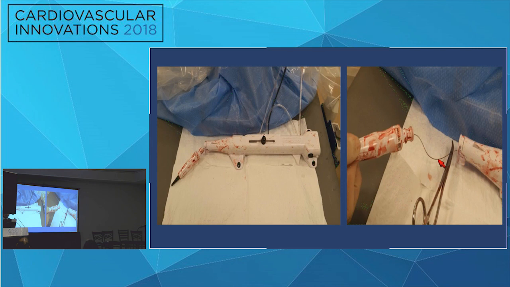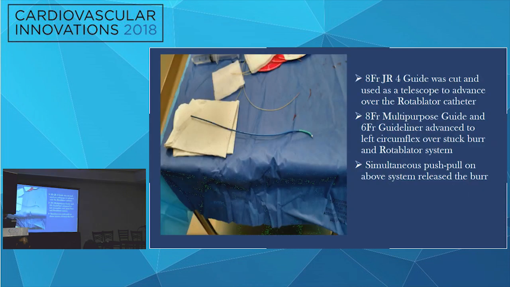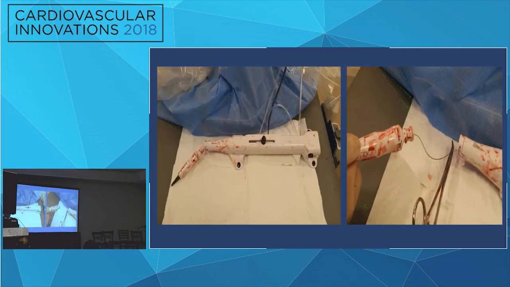I used this as my wire now, and tried to advance a 6 French guide liner over it all the way into the left circumflex to try to get it dislodged. It didn't work. So far, contralateral access failed.